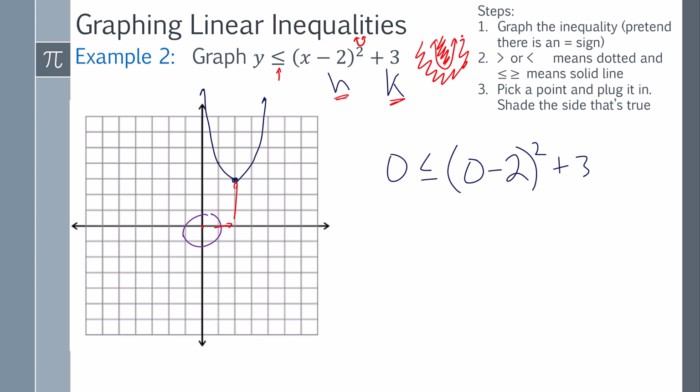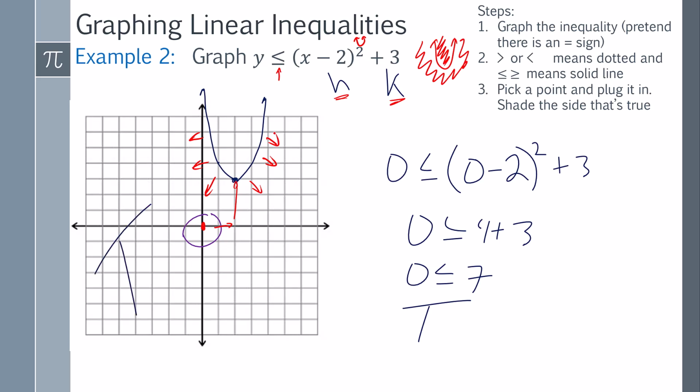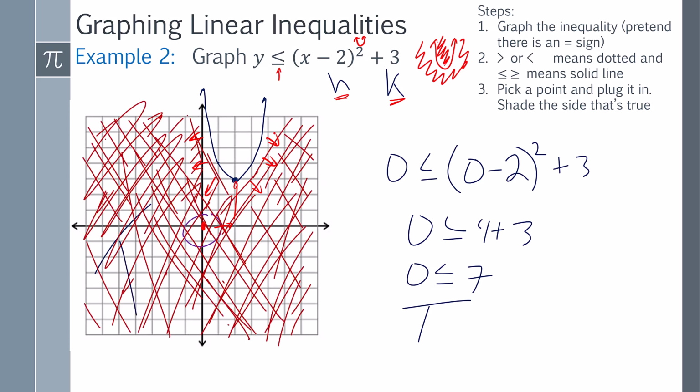I plugged in 0 for x and 0 for y. When we simplify it, you get 0 is less than or equal to 7, which is true. That means everything on this side of the parabola, on that side of the region, is true. And so you shade it in.